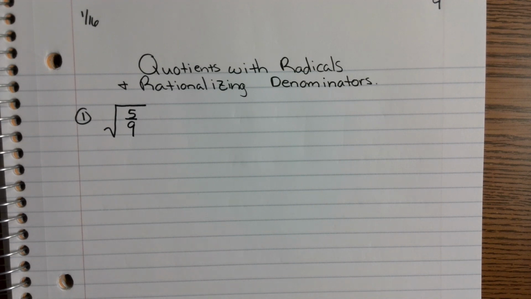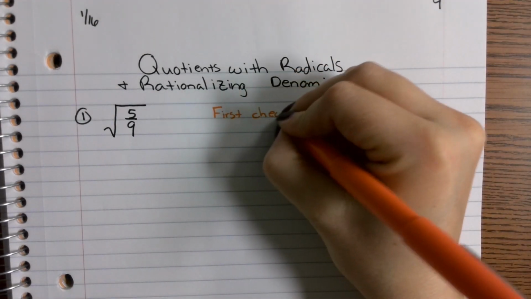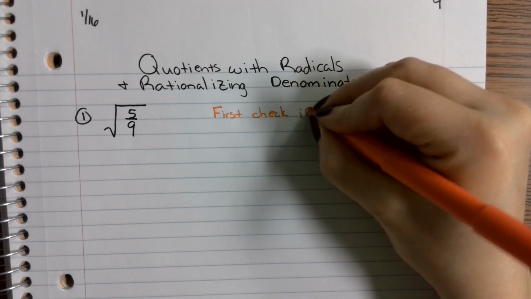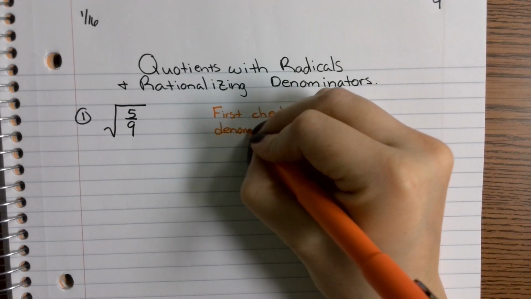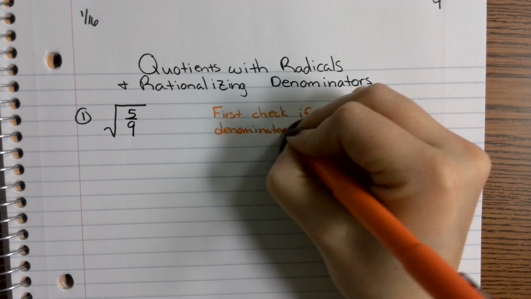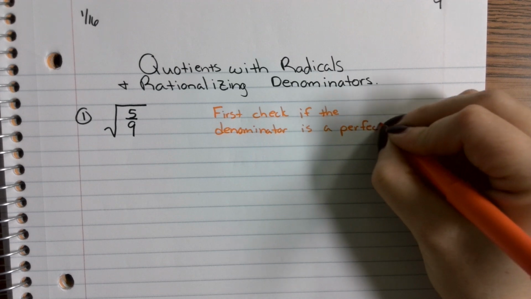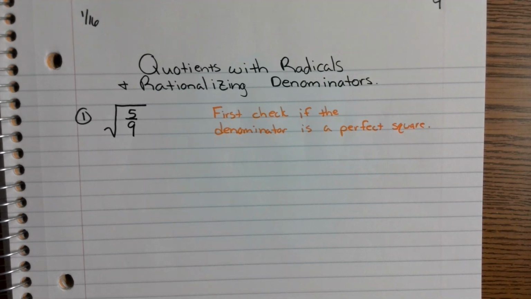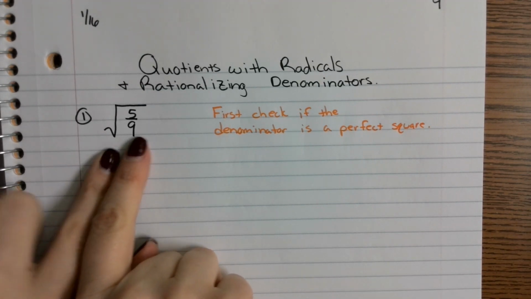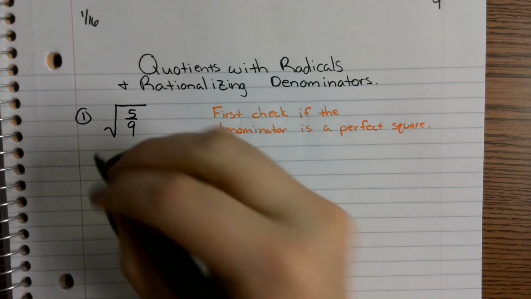It's the first thing that you always look for. You want to see if the denominator happens to be a perfect square. In this case, is the denominator a perfect square? Yeah. So you're just going to break the problem apart.